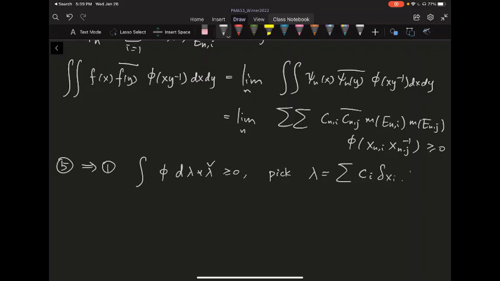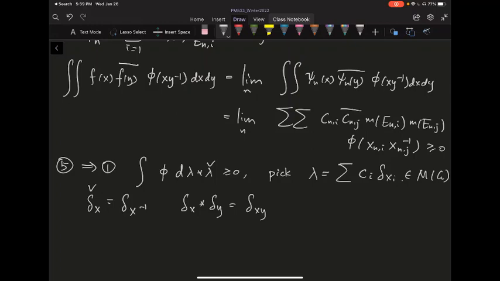This is certainly inside your M of G. Recall, if you have the delta x, then its check is essentially just the point mass at x inverse. And if you convolve 2 point masses, delta x and delta y, that's just delta xy.